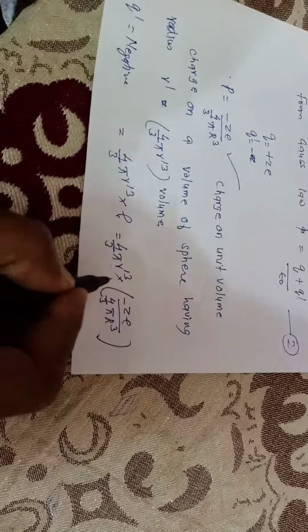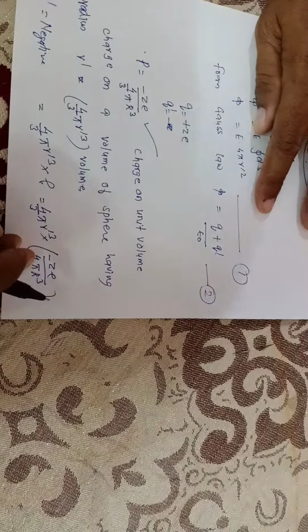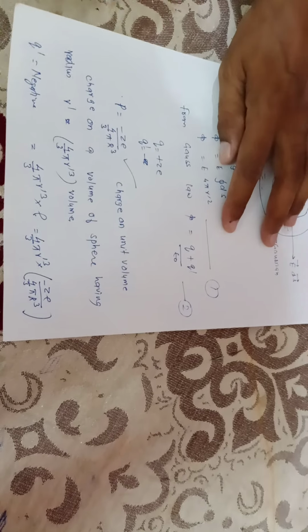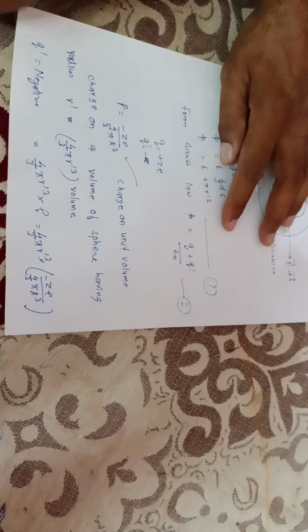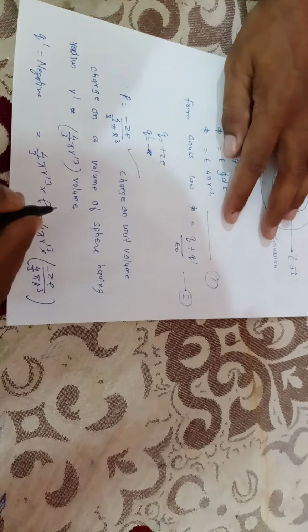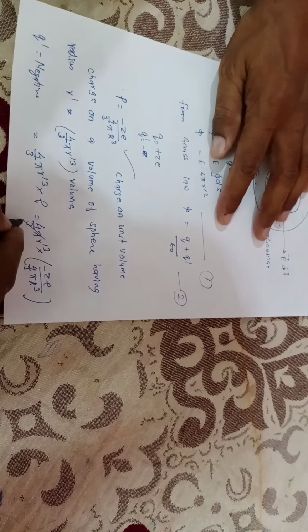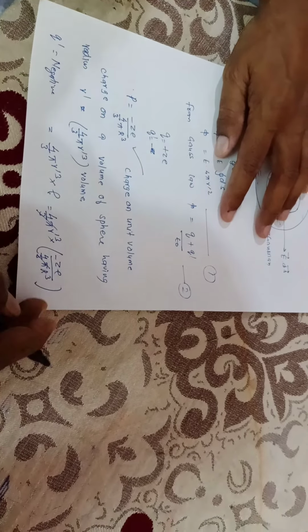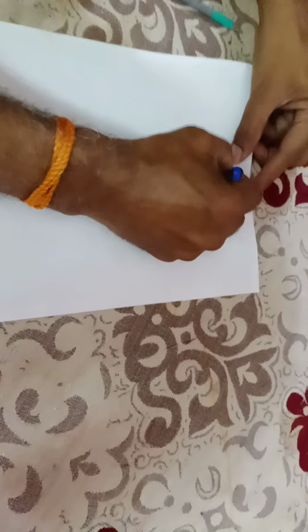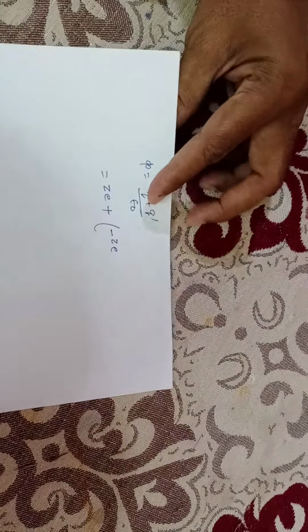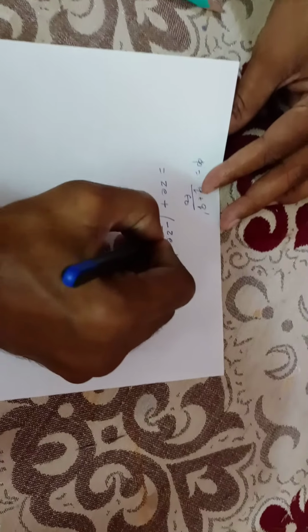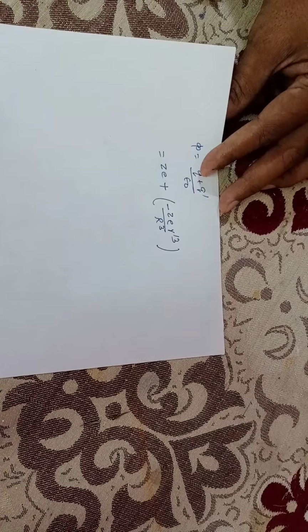So you can cut, and it will become minus Ze upon r dash cube upon r cube. Actually this is the negative charge.